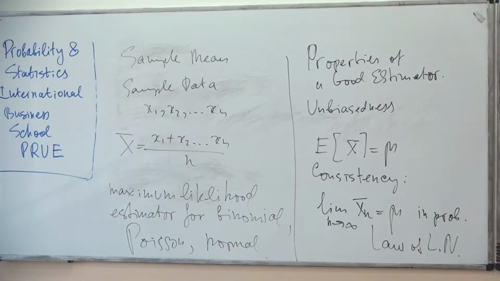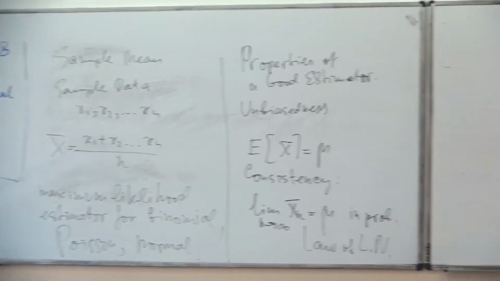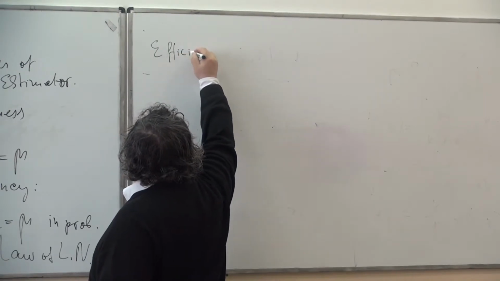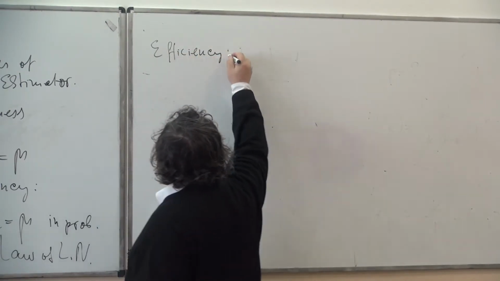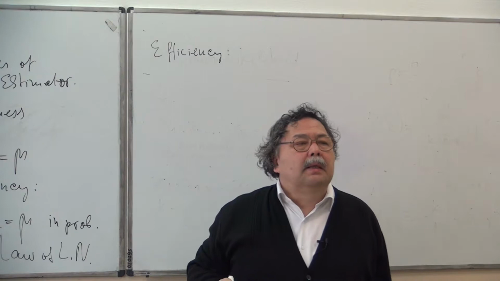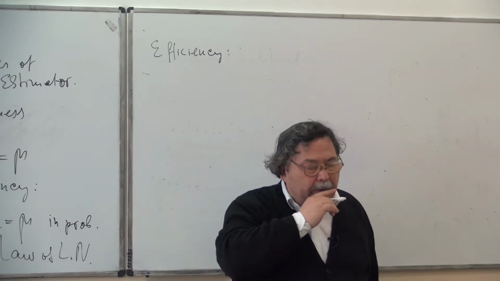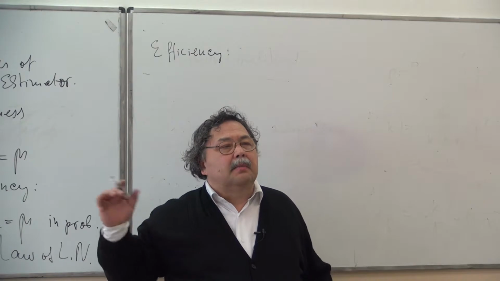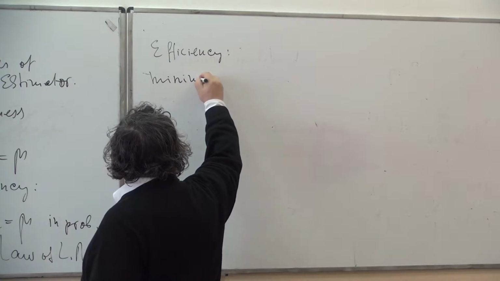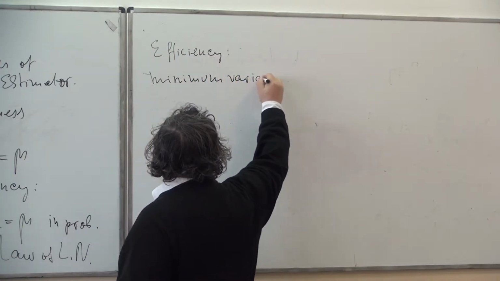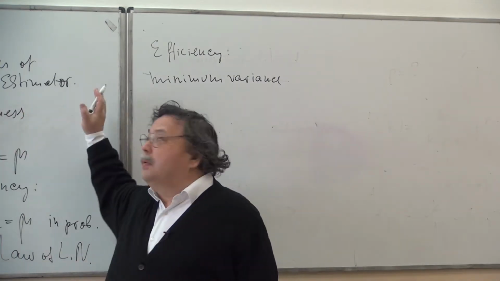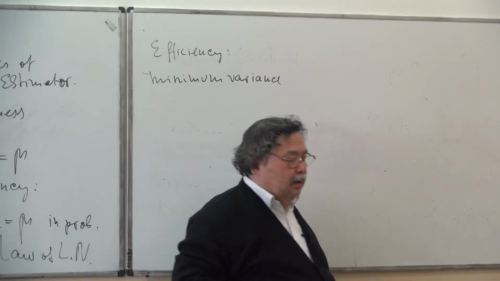All right, and also there is a property called efficiency. It means that the estimator has the minimum variance among the unbiased estimators. Okay, and x bar satisfies this requirement as well.